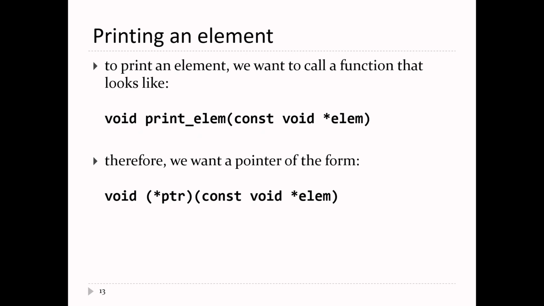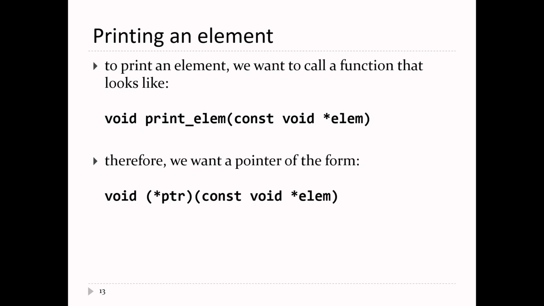So I need to ask the caller for some function that returns void and takes in an element, where the element is pointed at by some void pointer. If I want to, I can ask them for a function that takes in a pointer to a const value, because printing an element shouldn't change the element. So they need to supply some function that can print an element.